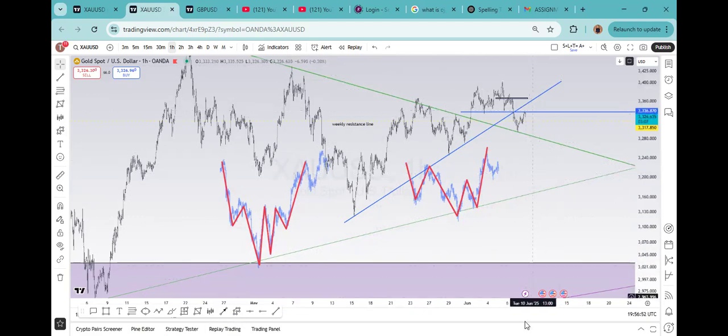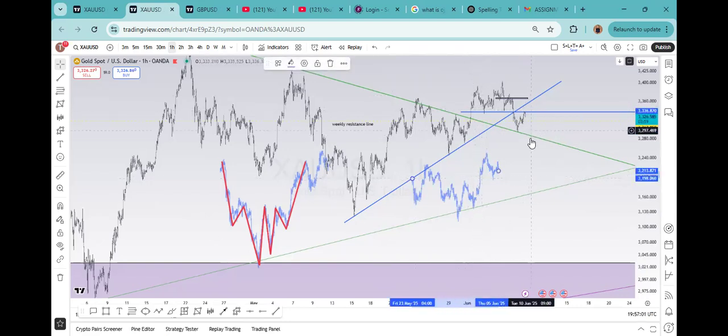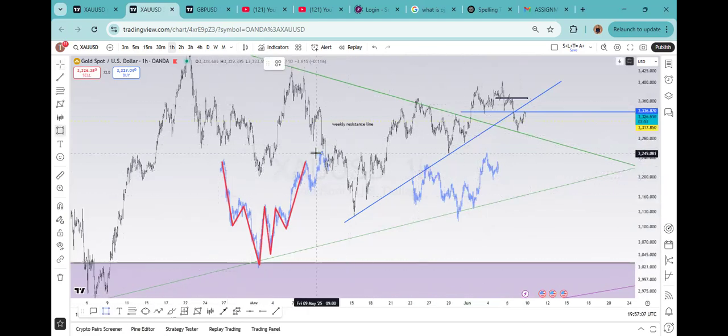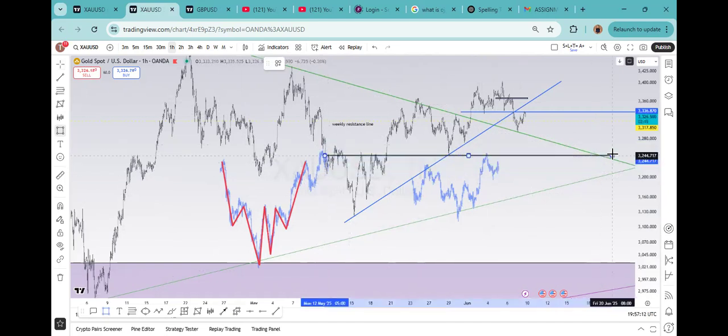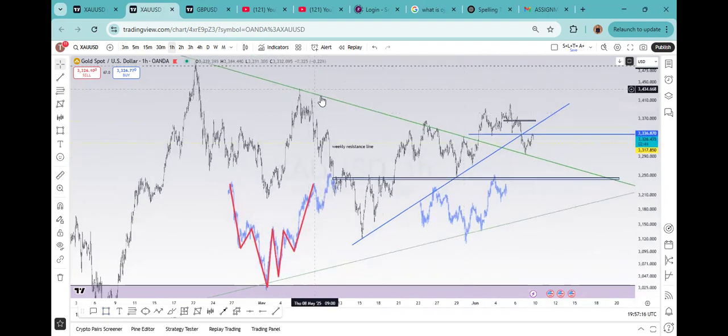Okay. So currently what I am looking out for on gold is for price to come and test this level that was broken aggressively again. This trend line is kind of a guide. The fact that it's retesting this doesn't mean it's going to go all the way up.